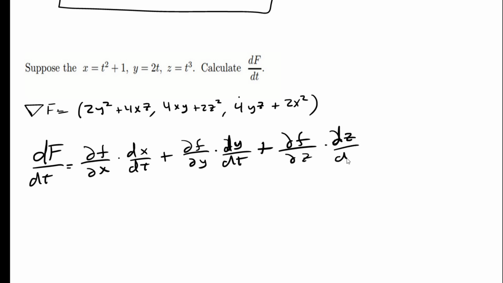Or for a shorter notation, if I put r of t equal to x, y, z, this is going to be the gradient of f at r of t dot r prime.